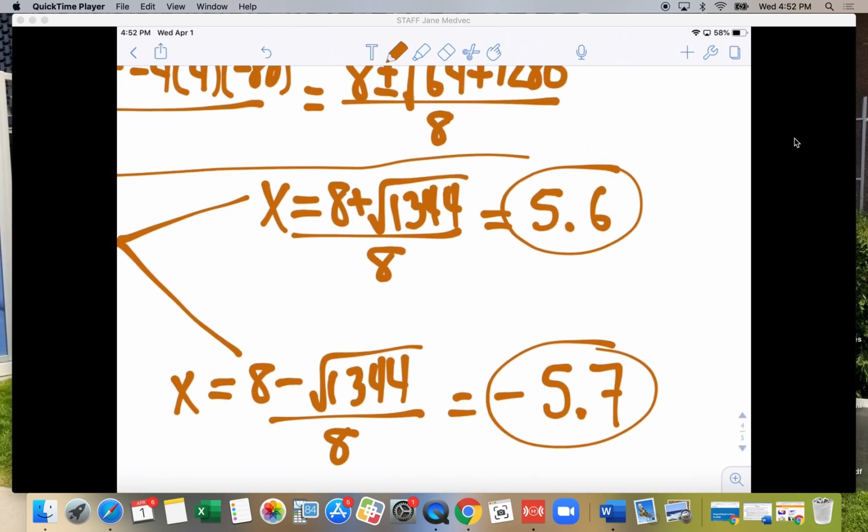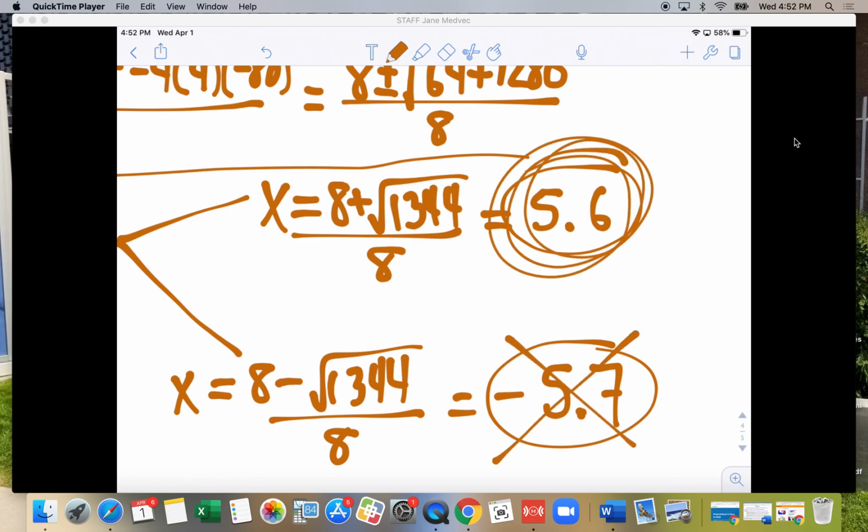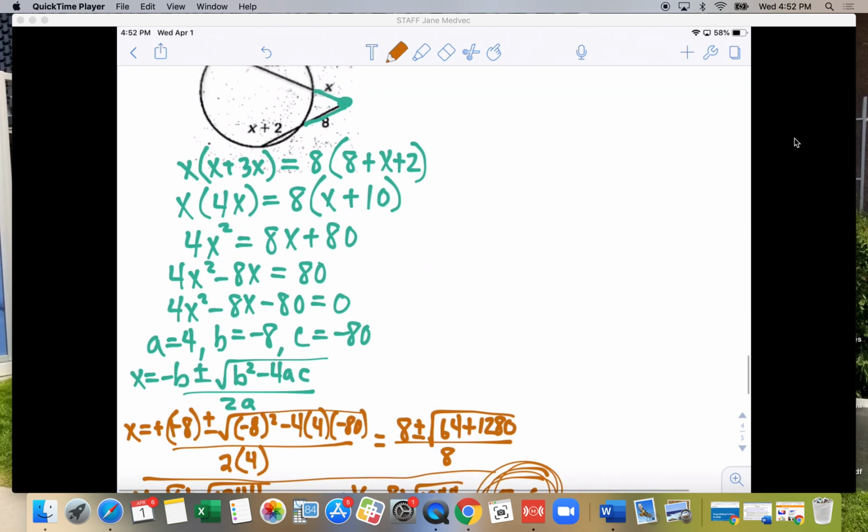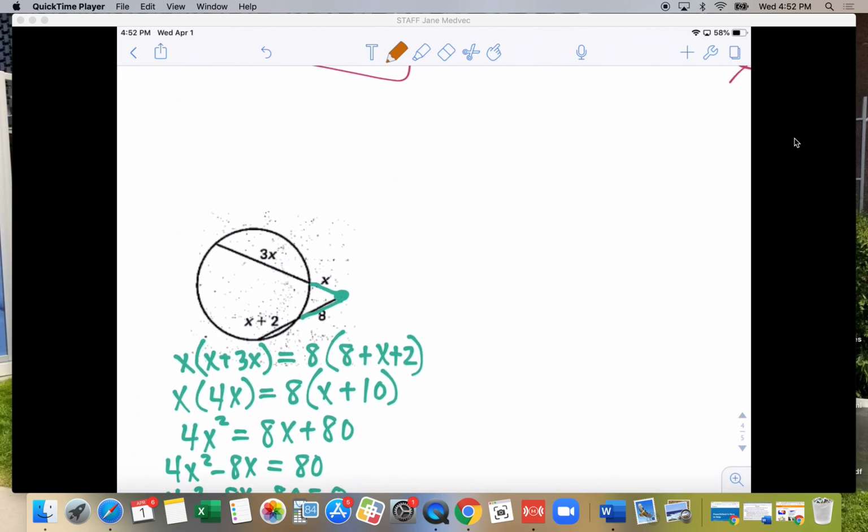You're going to notice that your answer then is not going to be the negative, it's going to be the positive, because again, what I'm dealing with is measure. And when I'm working with measure, I don't work with negative numbers.